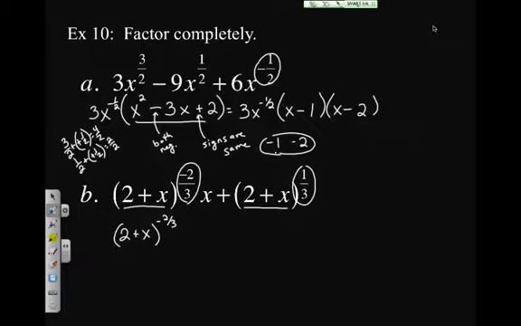So then, what's left? Well, we factored this piece all out. That's gone. So all we have left in that first term is x plus, we're going to have 2 plus x, but the question is, what power is that raised to?